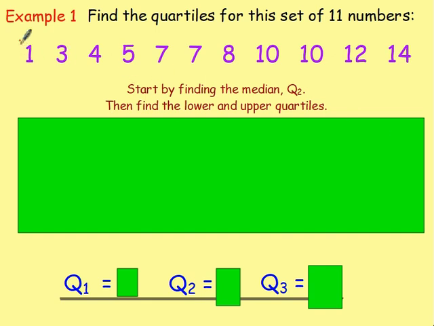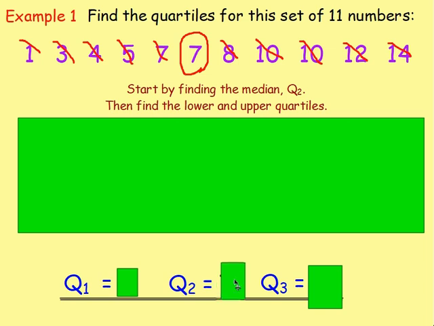So for the median, we want to cross off 1 from the left and 1 from the right, and repeat that until you're left with this number in the middle. So that there is your median. Or, as I said earlier, Ian, help me out, it's known as Q2.